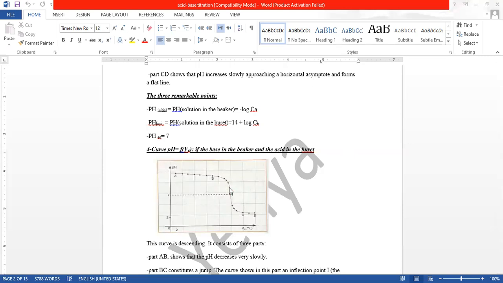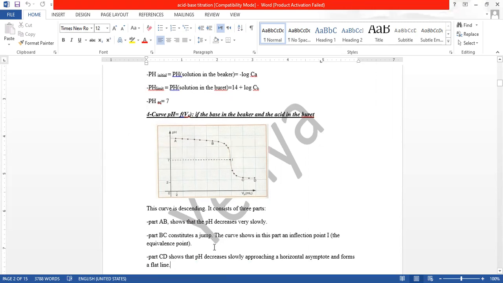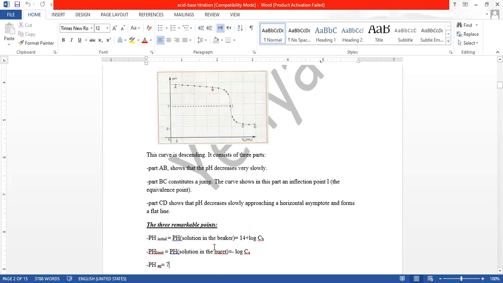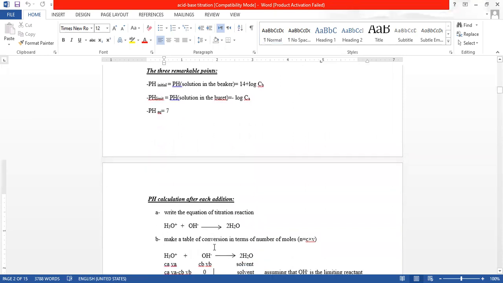Also, we can draw or sketch the profile of this curve by using 3 remarkable points. Initially, the pH is equal to the pH of the solution in the beaker, which is 14 + log CB, since we have the strong base in the beaker. The limit is equal to the pH of the solution in the burette, which is −log CA, and the equivalence pH is equal to 7.